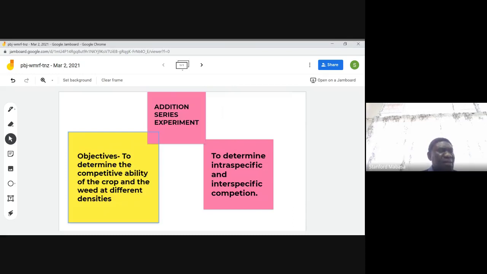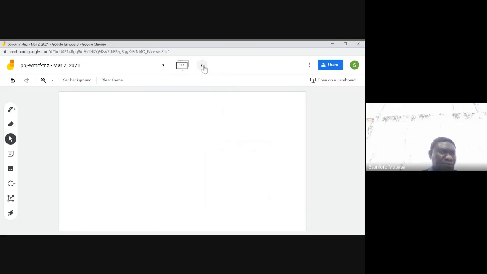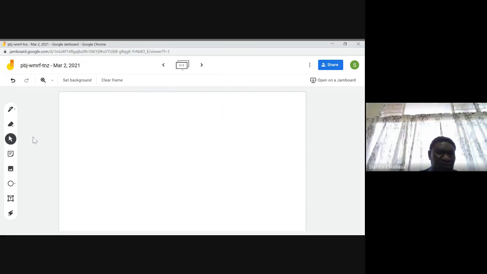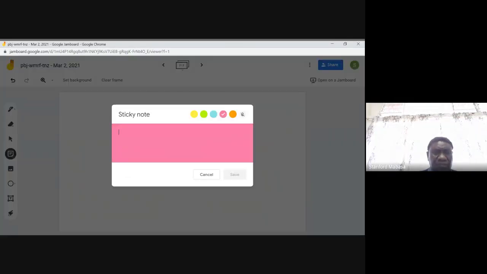And we said it is normally a factorial experiment, which can be complete or incomplete.